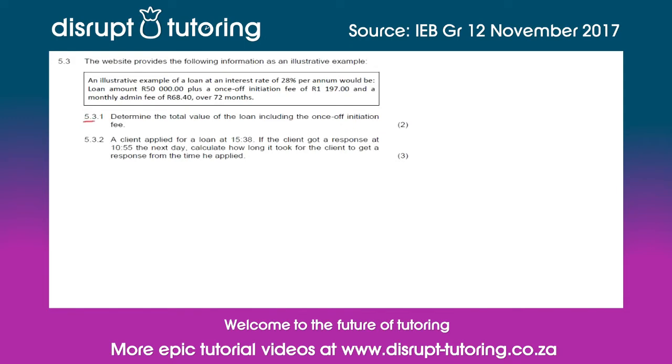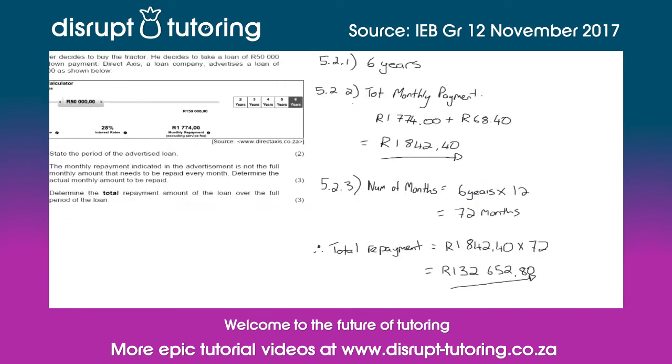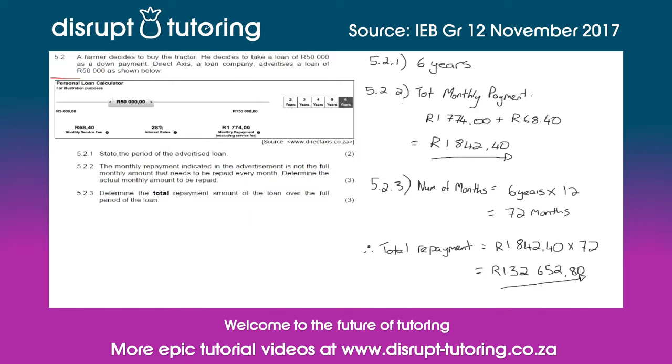So to give you more context to this question, the previous one, which we calculated in another video, is they've given us this loan calculator for a 50,000 Rand loan, and they stated that there's an interest rate of 28% and this monthly fee.